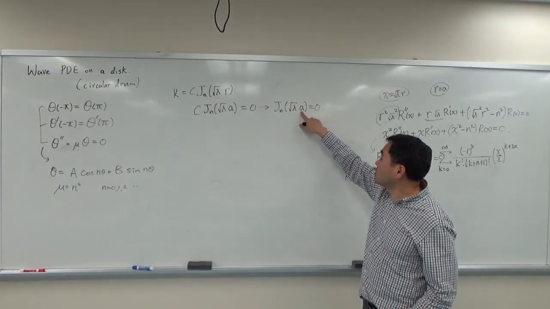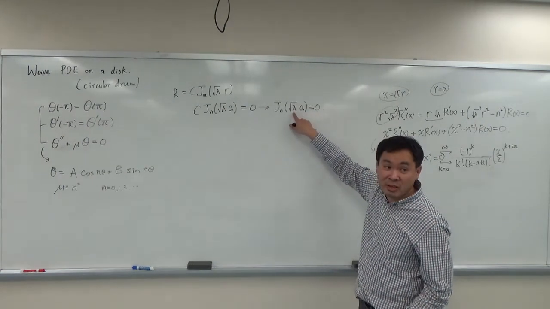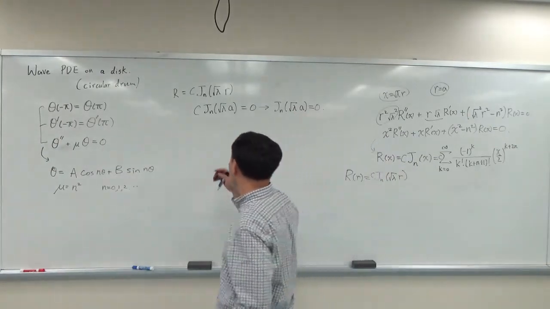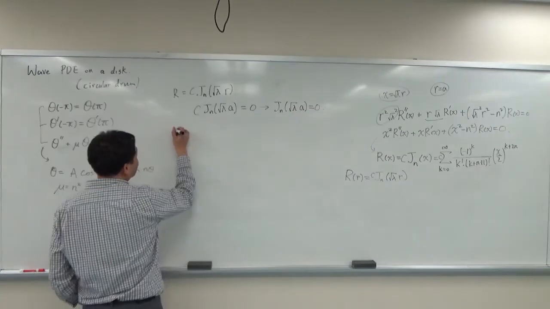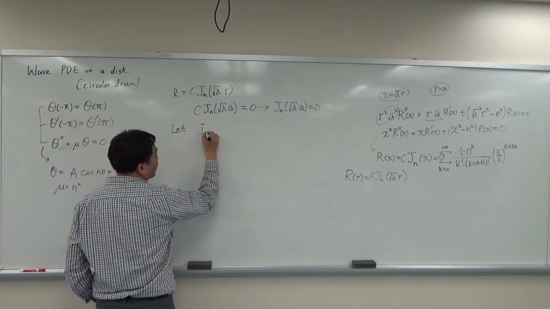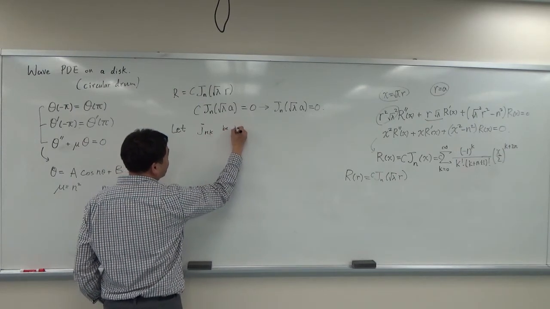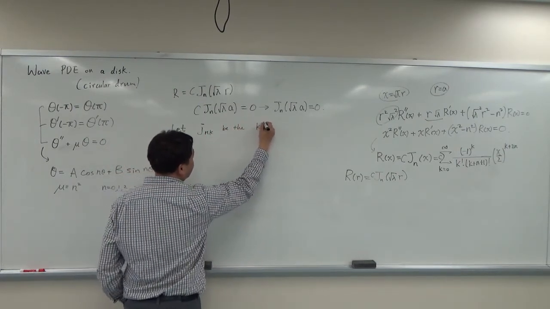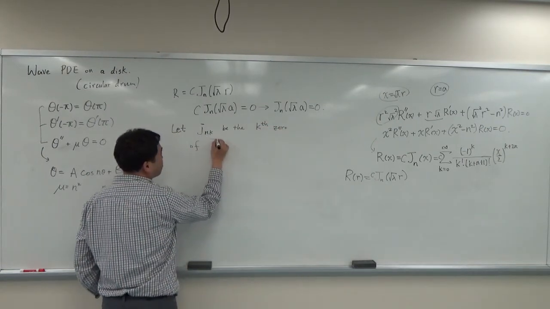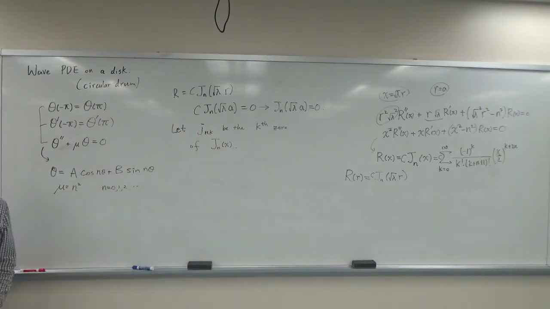So it must be that this gives you a condition for lambda. Okay. So here's what we're going to do. Let Jnk be the kth 0 of Jn(x).